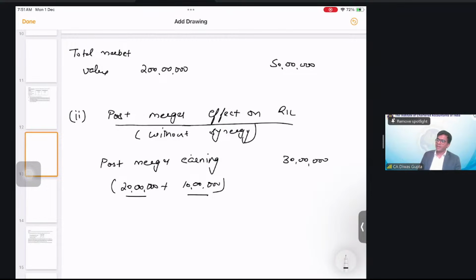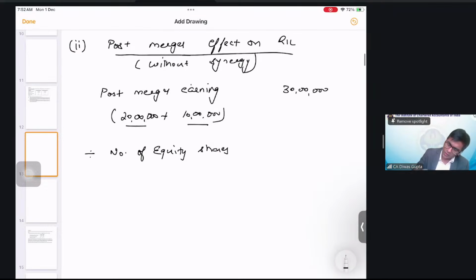Okay? Then divided by number of equity shares. So already issued equity shares of RIL are 10 lakh and swap ratio for SIL is 1 by 4.